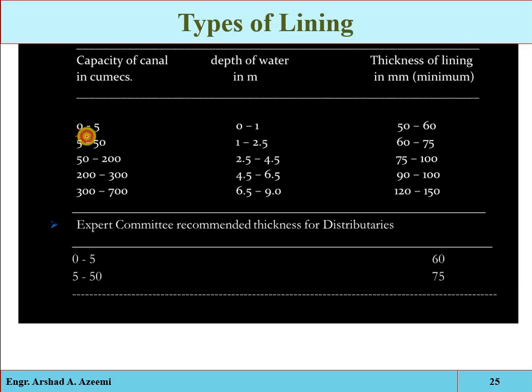If an irrigation canal has a capacity of 0 to 5 cubic and the depth of water is up to 1 meter, then 50 to 60 millimeter thickness of lining should be provided. On average, if the capacity of the canal is from 0 to 5 cubic, then 60 millimeter, and if it is from 5 to 50 cubic, then up to 75 millimeter thickness of lining will be provided.